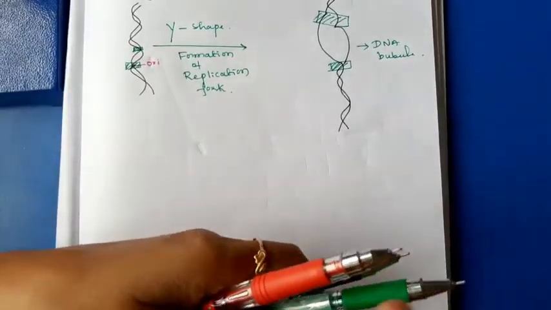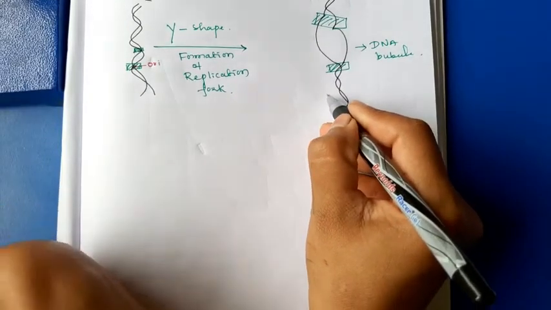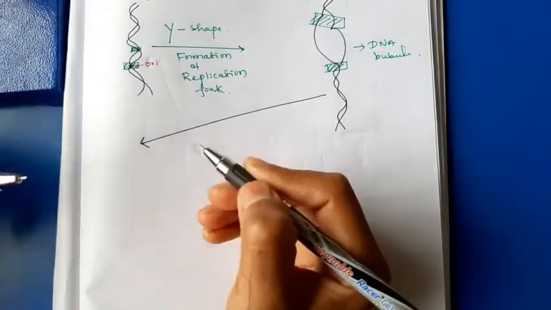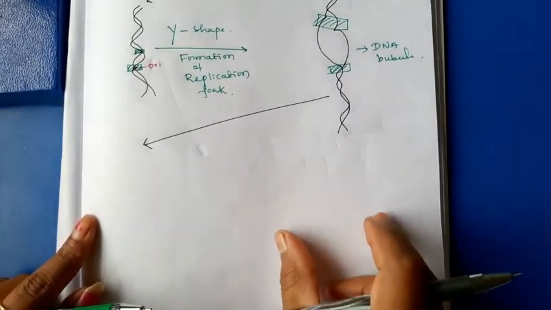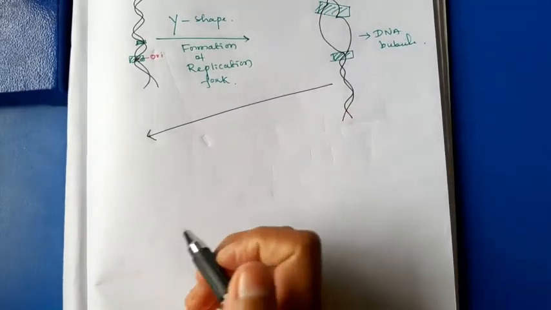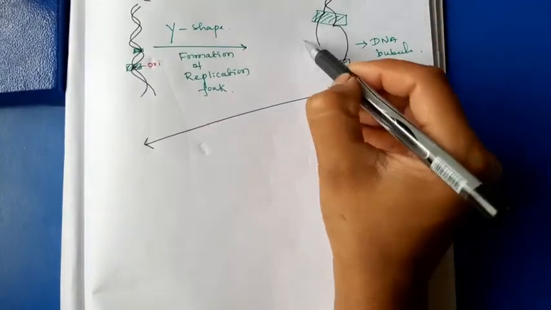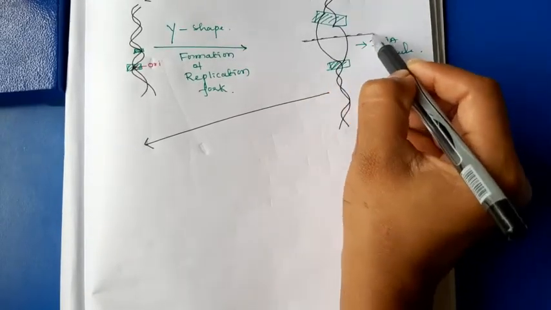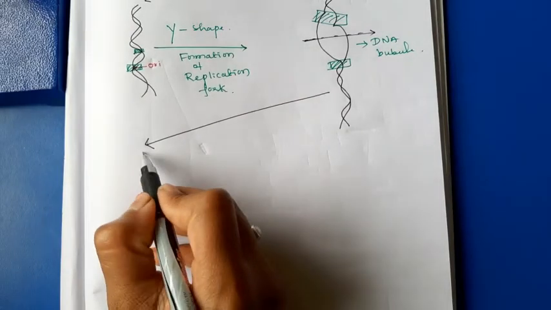Next, for that DNA bubble, just focus on the arrow marks, otherwise we will not get that much space here. If you consider half of this replication bubble, you can get the replication fork exactly like this.